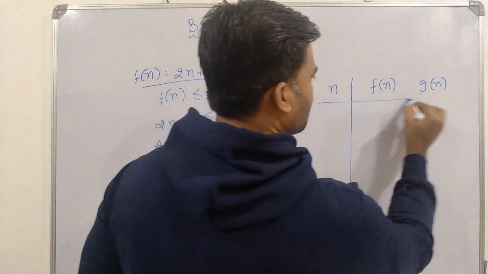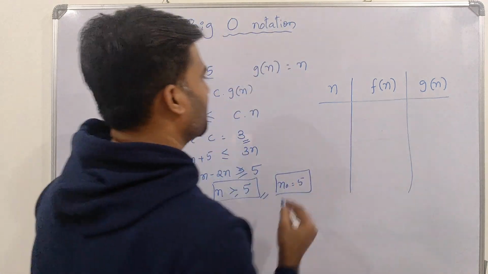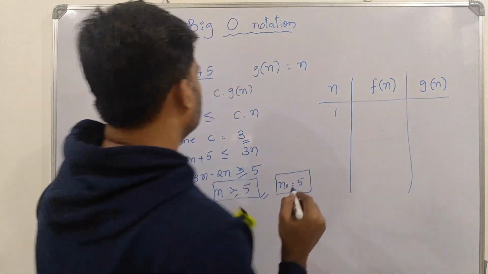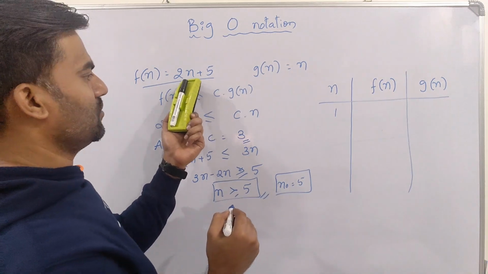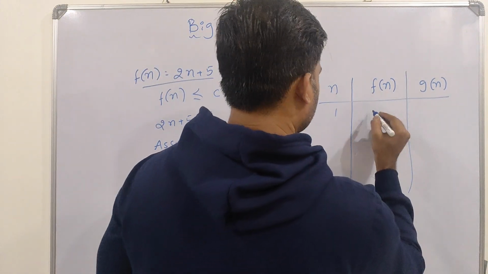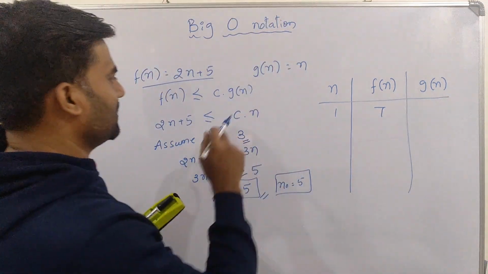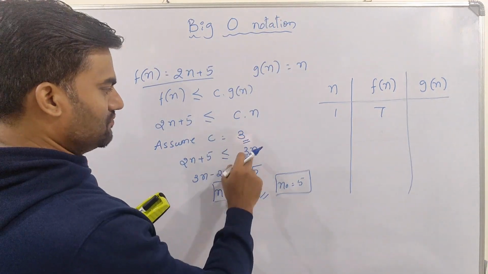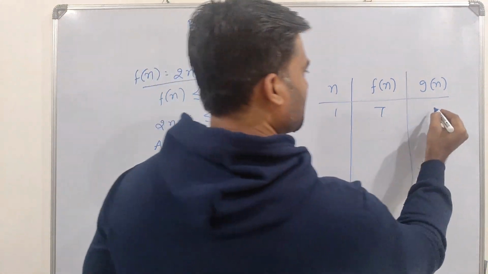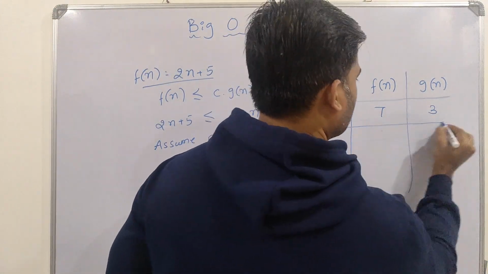Let us assume n is equal to 1. f of n becomes 2 into 1 plus 5, that is 2 plus 5, which is 7. And g of n is 3n here, so with n as 1, this value is 3.